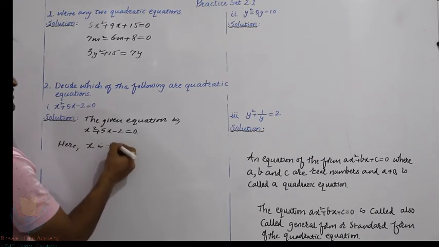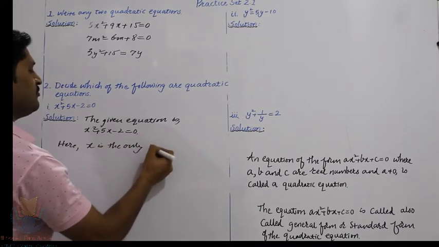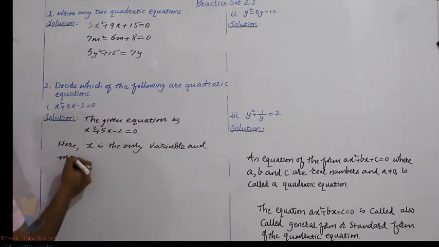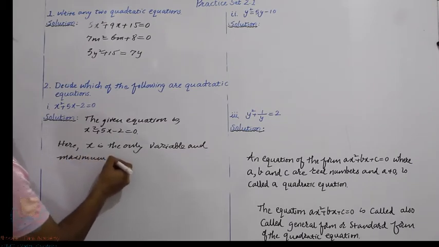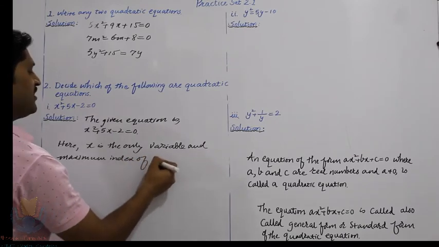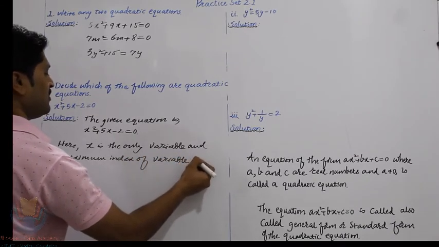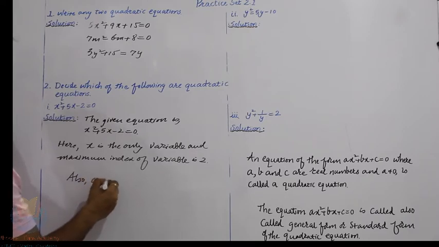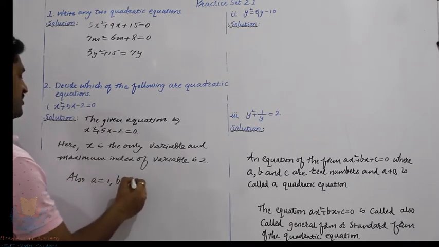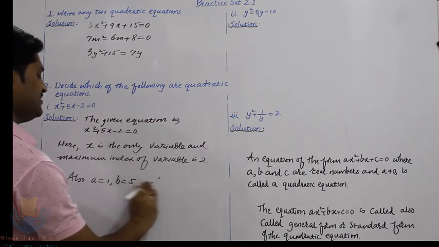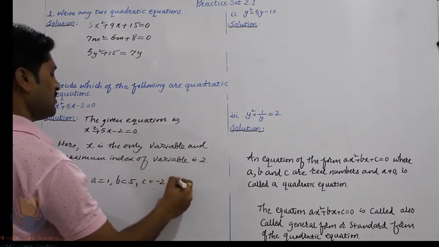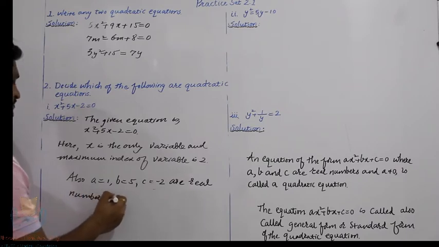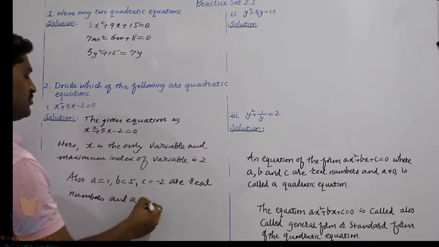Here x is the only variable and maximum index of variable is 2, and one more thing we have to write also, a is equal to 1, b is equal to 5 and c is equal to minus 2 are real numbers and this a is not equal to 0.